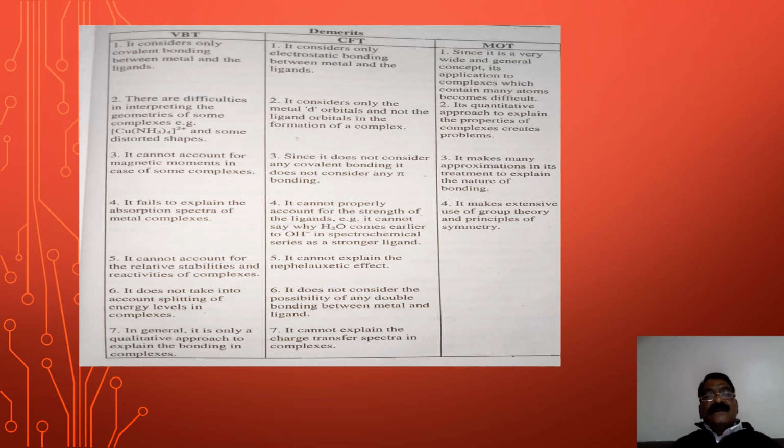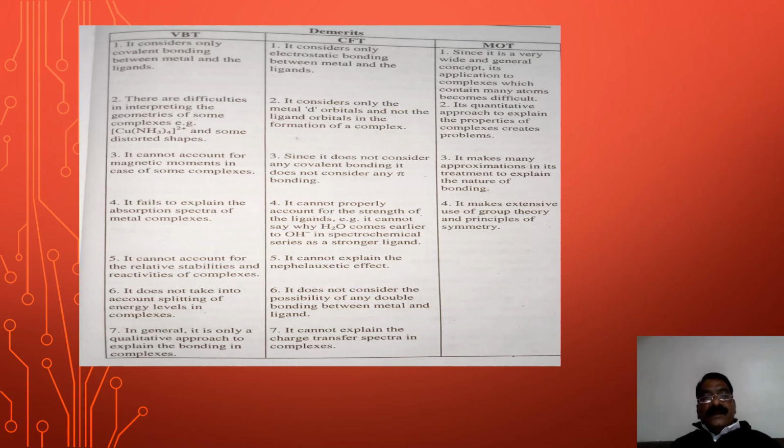Third, since it does not consider any covalent bonding, it does not consider any pi bonding concept. Fourth, it cannot properly account for the strength of the ligand. For example, it cannot say why H2O comes earlier than OH minus in the spectrochemical series as a stronger ligand.